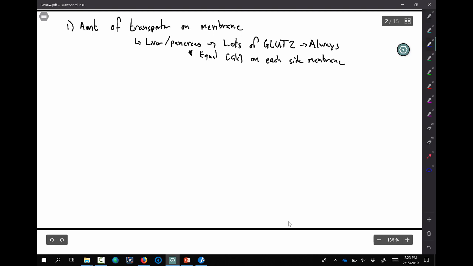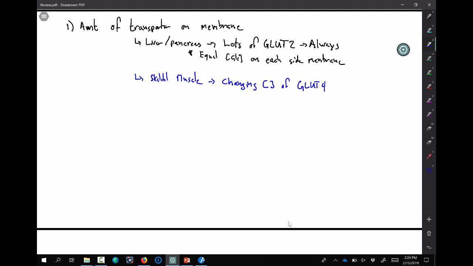Now, compare that to skeletal muscle, and this would be the big one that we looked at. Okay, this has a changing concentration of GLUT4. And it's based off of insulin, right? This is what I call insulin sensitive.